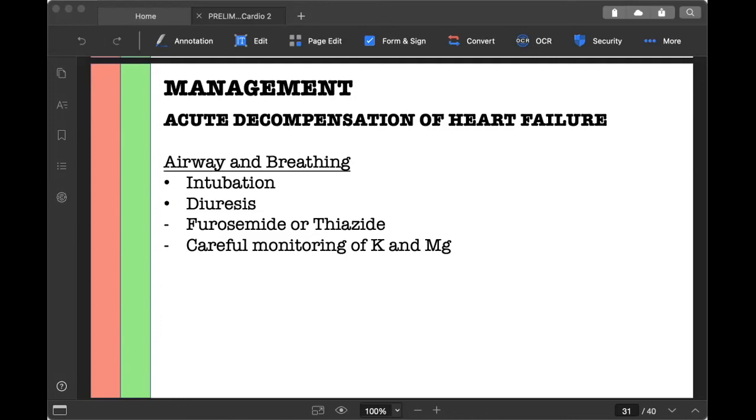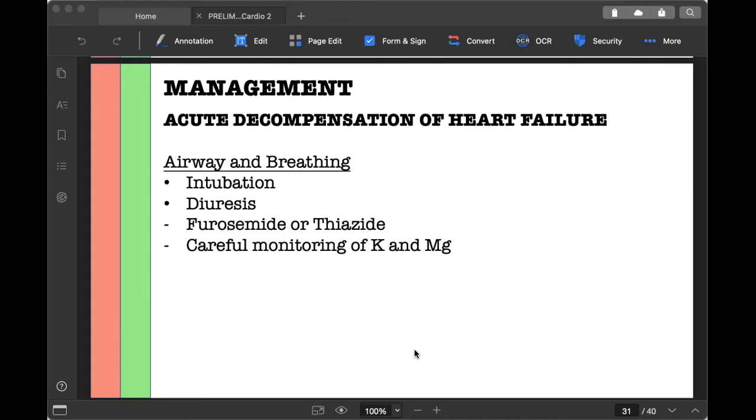Maybe there's a need for intubation for these clients. Okay, diuresis, of course, will reduce pulmonary edema. It's because it will allow the patient to excrete some excess water that is being retained in our body, with the likes of furosemide or thiazide. And of course, there should be careful monitoring of your potassium and your magnesium.